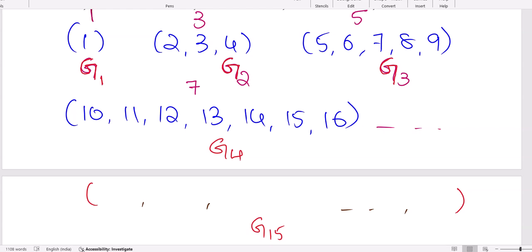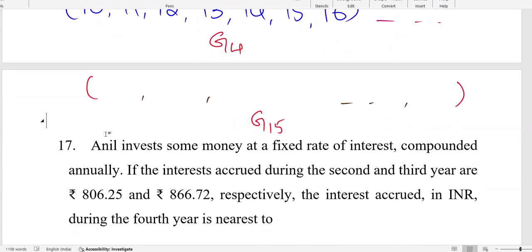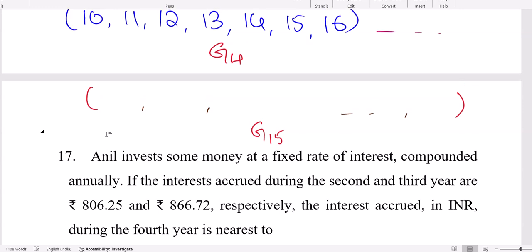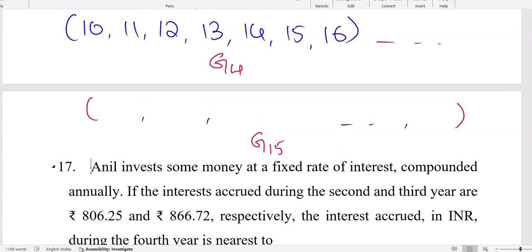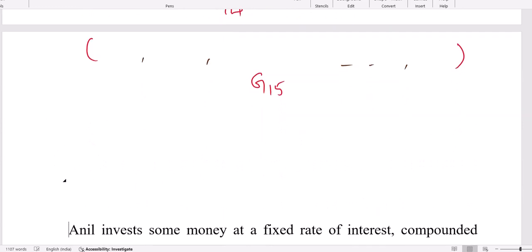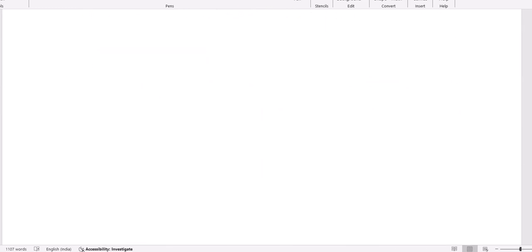If you look closely, or if you know a property regarding the sum of odd numbers, what is 1 plus 3 plus 5 plus 7, and so on up to n?